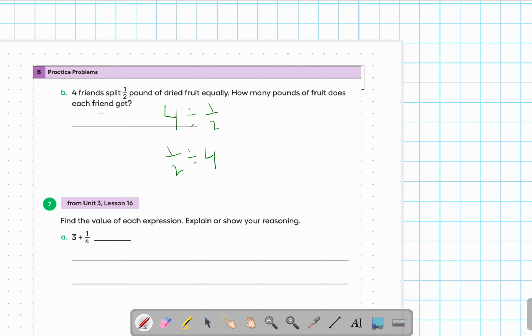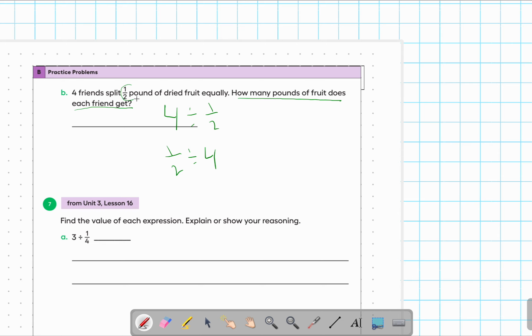Okay, so we have 4 friends. They split 1/2 pound of dry fruit equally. We want to know how many pounds of fruit each friend gets. So what is being shared? The friends or the 1/2 pound of dry fruit? Well, the answer is obvious.